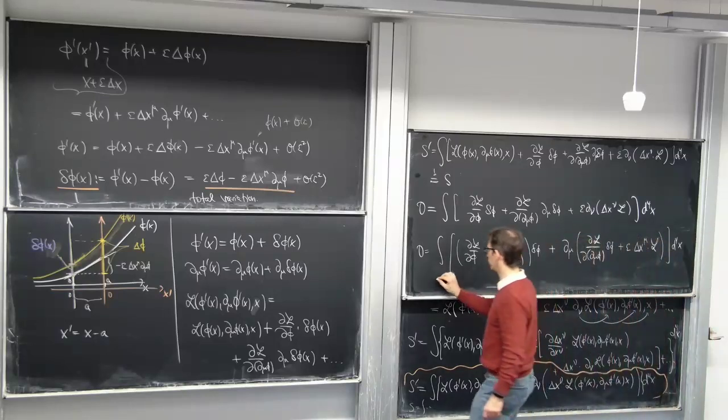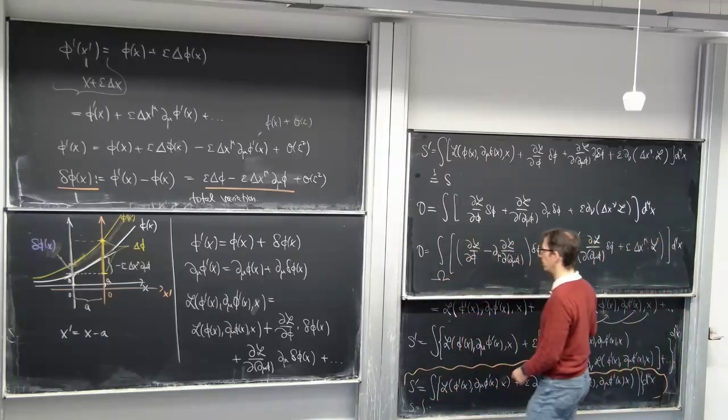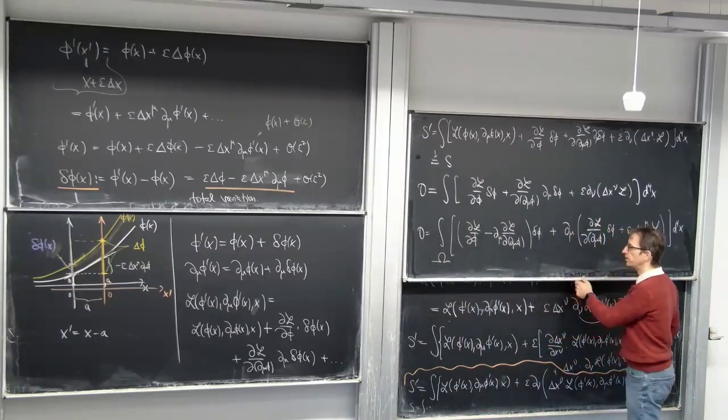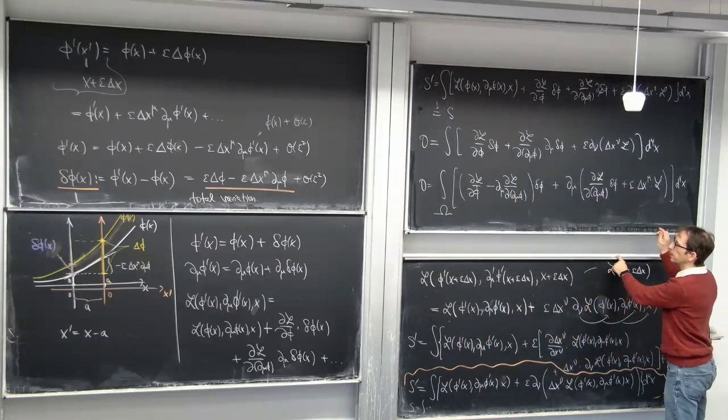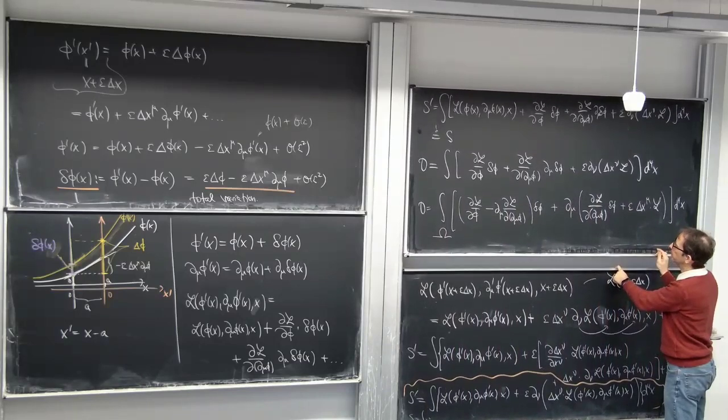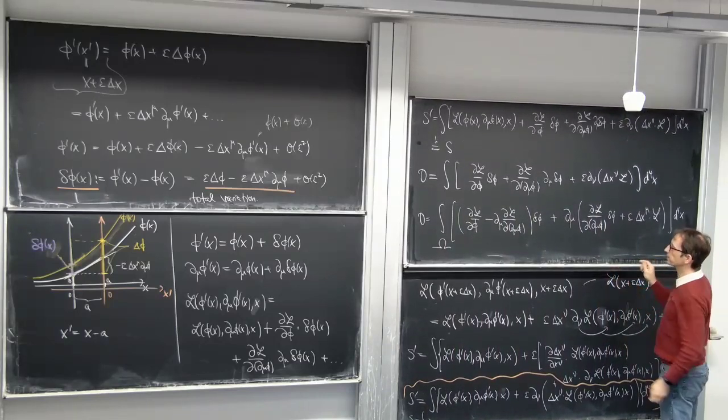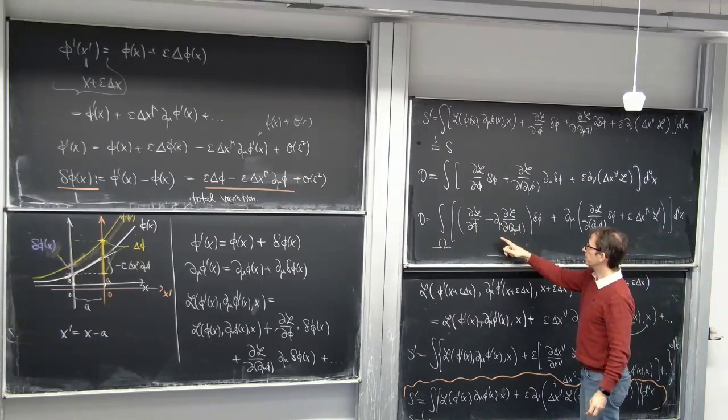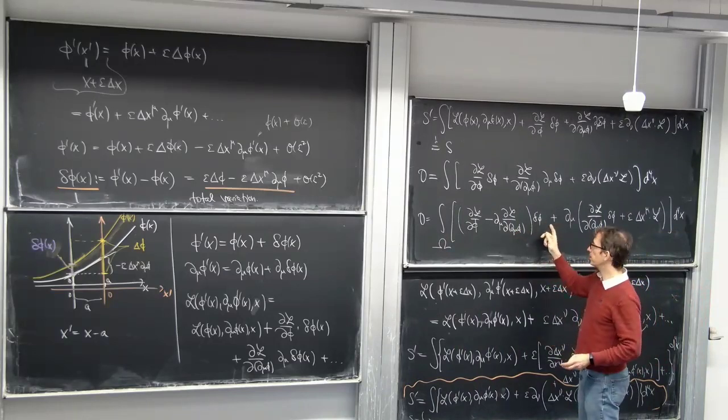The integration is over the region omega, and that is just some region. And you might wonder, can I set this to 0 really? What about the boundary terms?